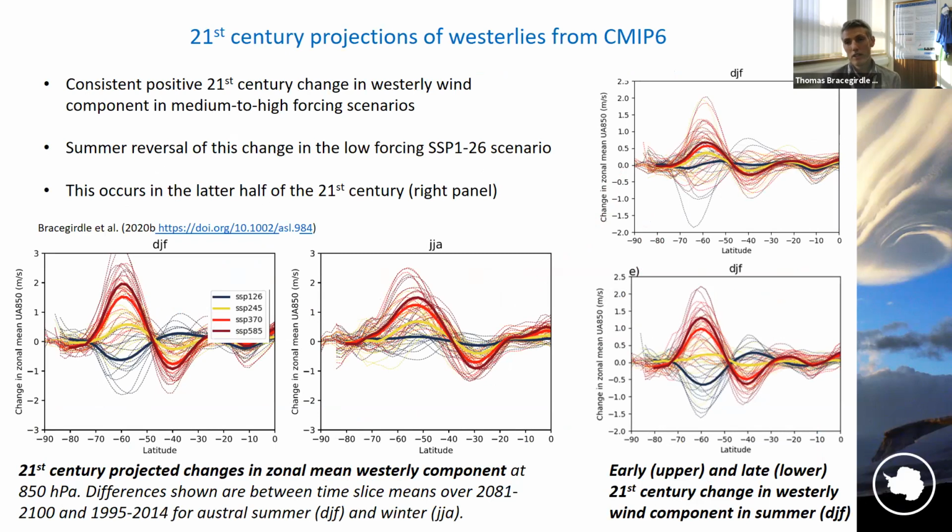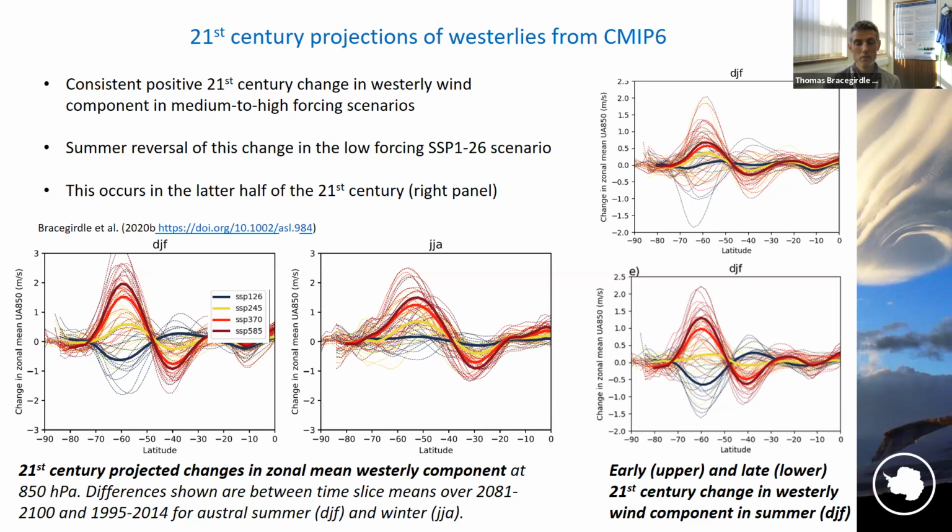And then if we look at projections of the future change in the westerlies, something I'm just going to try and touch on is implications of the improvements we've seen in the baseline climatology for these projections.